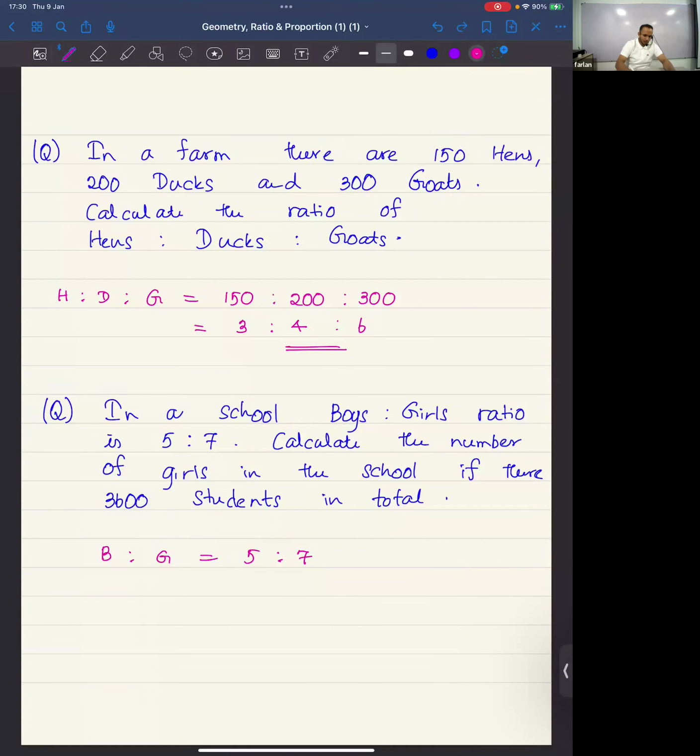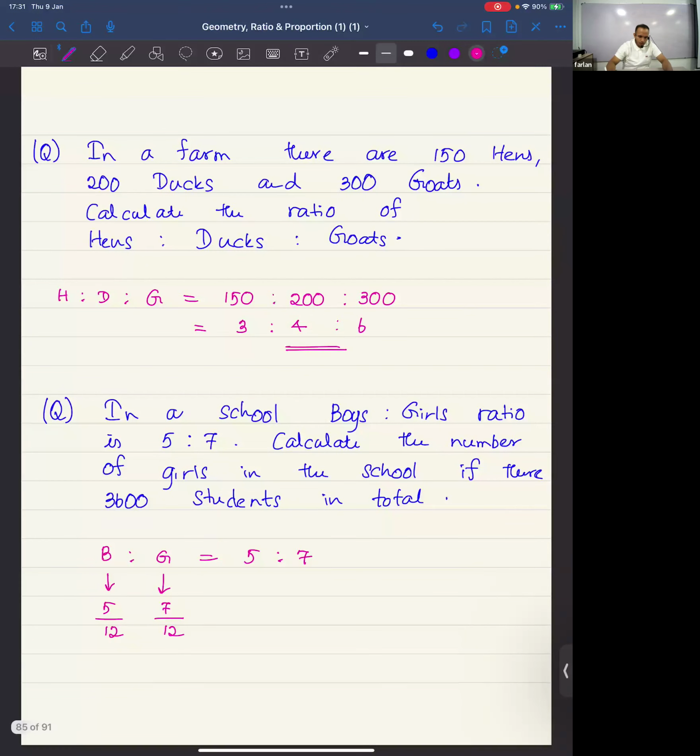That means in total, if we take 5 plus 7, 12 portions. Boys will be 5/12 of the total. Girls will be 7/12 of the total. From the total 12 portions, 5 portions is boys, 7 portions is girls. So from the total population, the number of boys is 5/12 and the number of girls is 7/12.